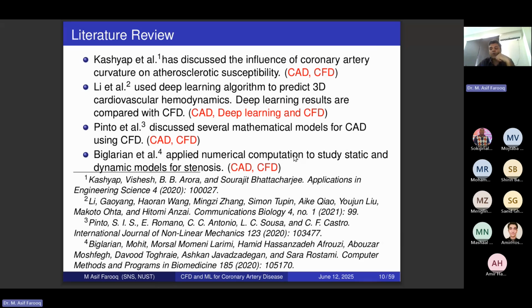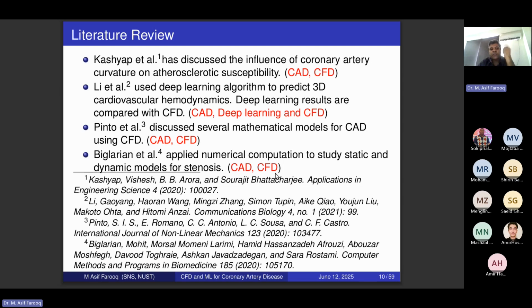Briefly, let me talk about the literature review. Kashyap talked about coronary artery disease and CFD, and Lee et al. in their research discussed CAD, coronary artery disease, deep learning and CFD. Pinto discussed in their paper coronary artery disease and CFD, and Biglarian et al. talked about coronary artery disease and CFD work.